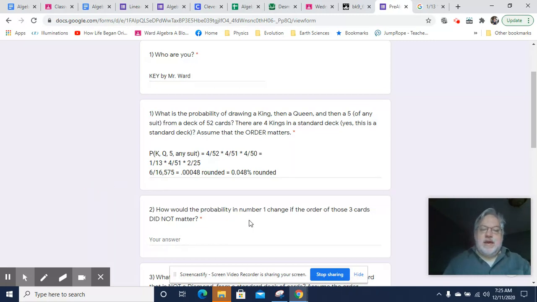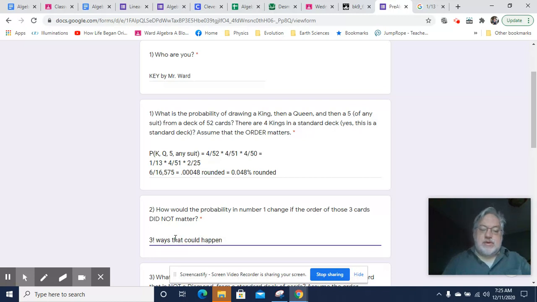Now, how would the probability change if the order of those 3 cards did not matter? Well, if the order of those cards didn't matter, then it could be king, queen, 5, king, 5, queen, 5, king, queen, 5, queen, king, queen, 5, king. So there are, in fact, 3 factorial ways that could happen.